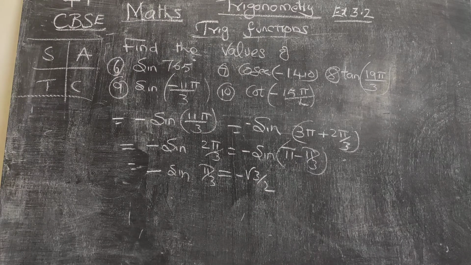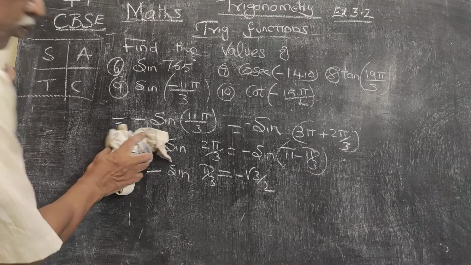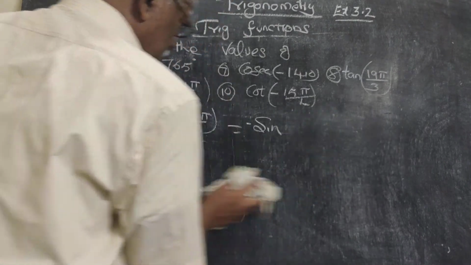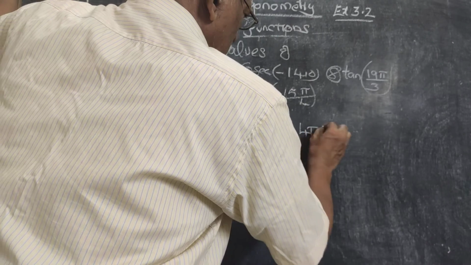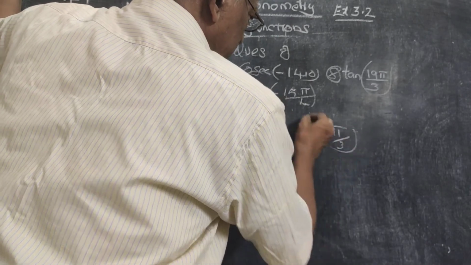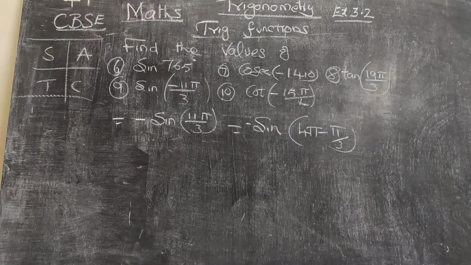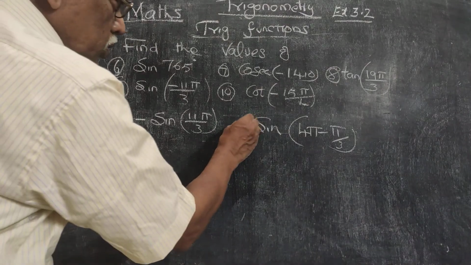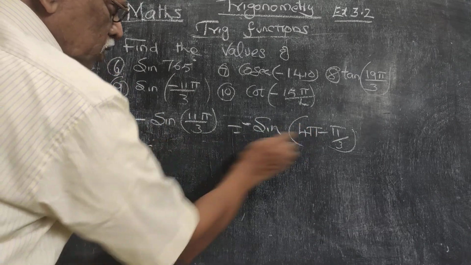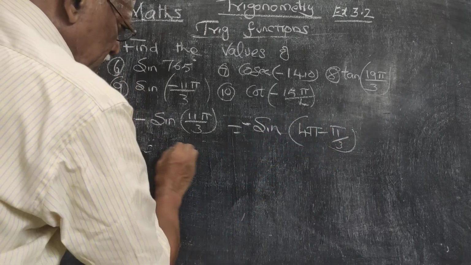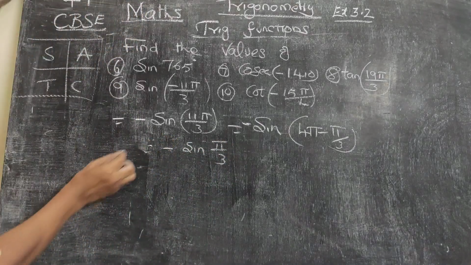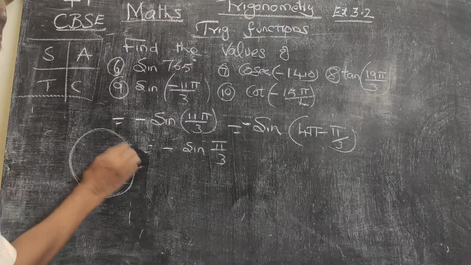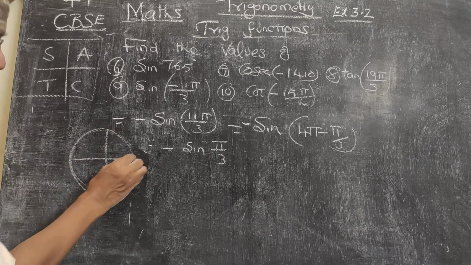Instead of this, you could have done four pi minus pi by 3. 3 4s are 12, 12 pi minus pi by 3. So this means it is 4 pi minus pi by 3, therefore it is minus of sine pi by 3. So 4 pi means it completes here, but it is less than that.